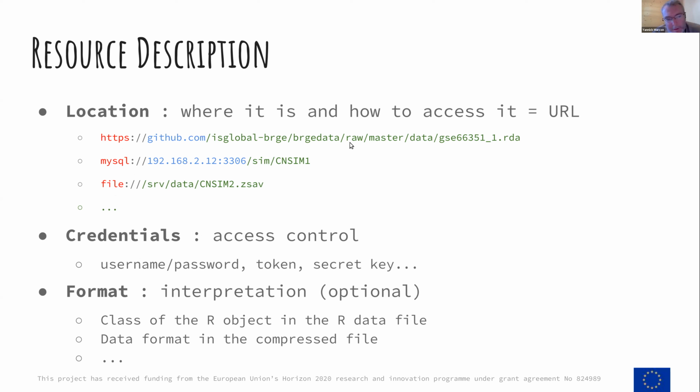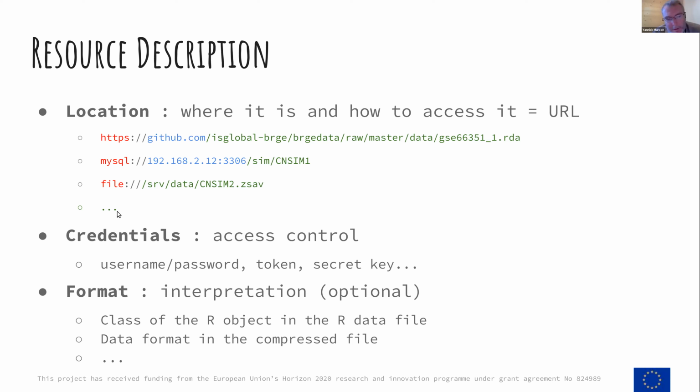But a URL is much broader than that. If I say MySQL and this IP number, it says that this is a MySQL database, the database called SIM, and inside there are tables SIM and SIM1. It can be a file on a local machine, it can be a file somewhere through SSH, it can be anything, and it's described by a URL, which is a very strong web standard.